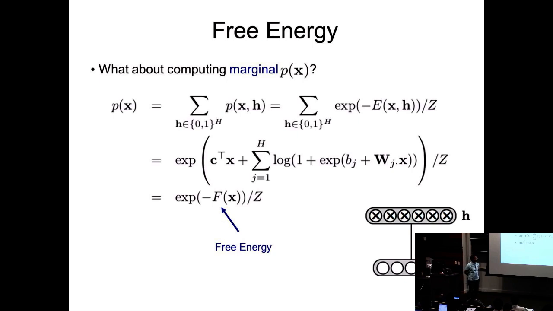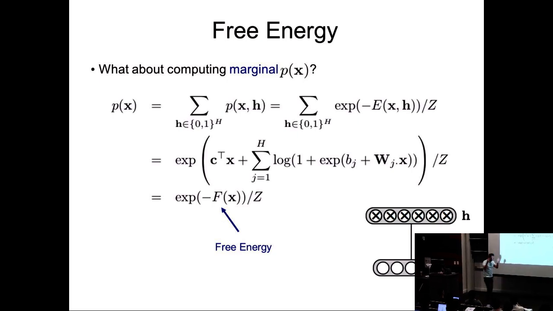Then you're going to be summing over all the states, j equals 1 to H, of log of 1 plus exp of bj plus the other term. So where does the second term come from? Well, when hj takes value 0, you just end up with 1. When hj takes value 1, you end up with this factor.